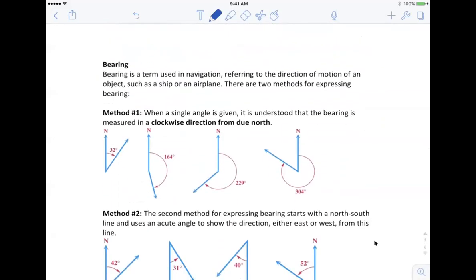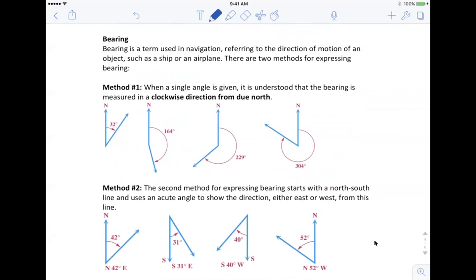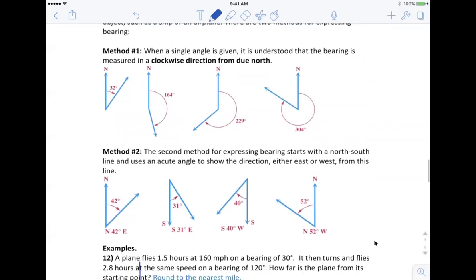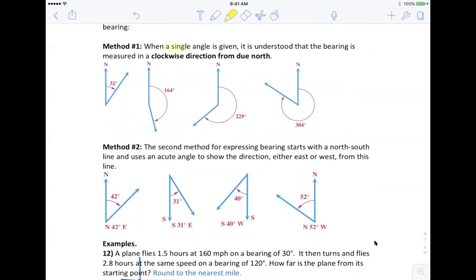The last type of problem you'll see in this chapter is bearing. And bearing is used in navigation, and it refers to a direction of travel, usually with boats, airplanes, that kind of thing. And there's two methods. So the first method, if just a single angle is given, then it's understood that the bearing measures clockwise from due north. And then there's some pictures of that, right?